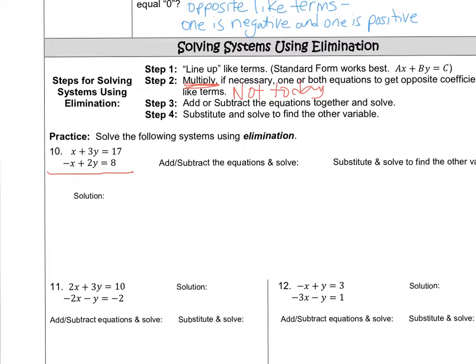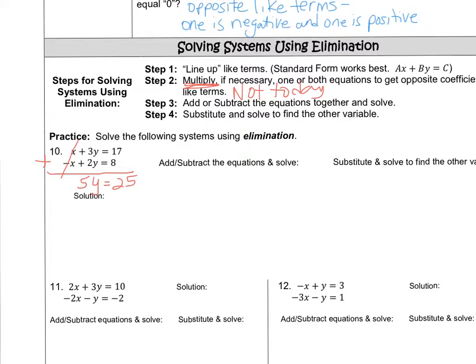So if I add the top equation to the bottom equation, my x's are going to eliminate. So x minus x, that just crosses out, so I'm not even going to bring it down. 3y plus 2y is 5y, and 17 plus 18 is 25.